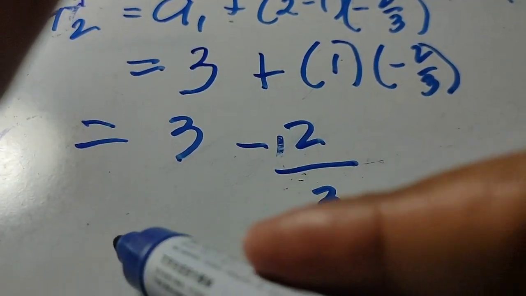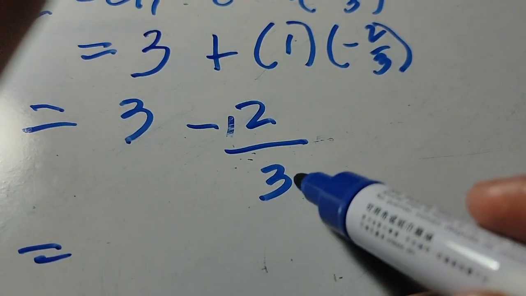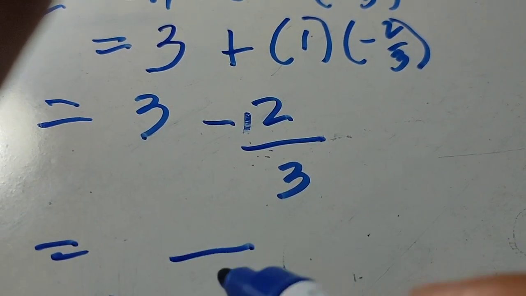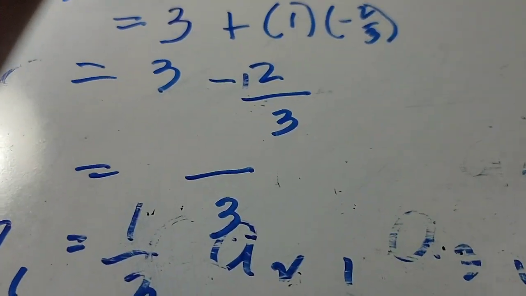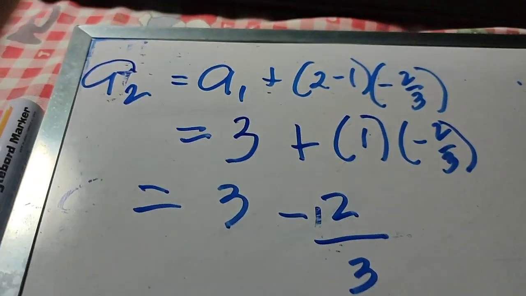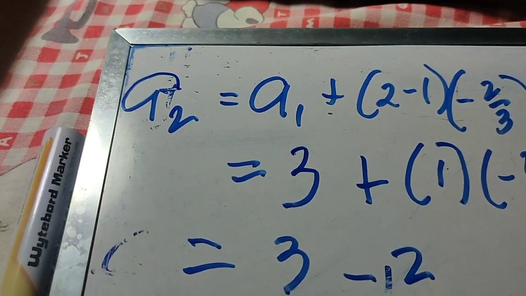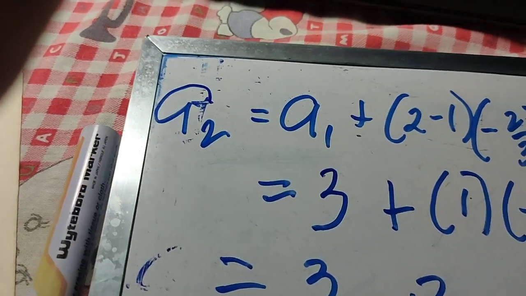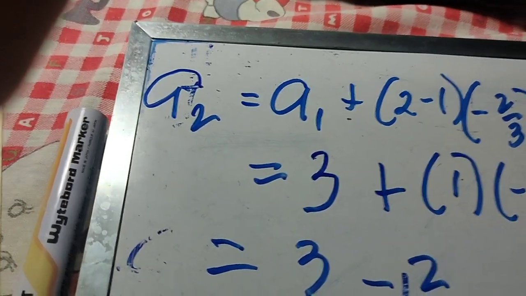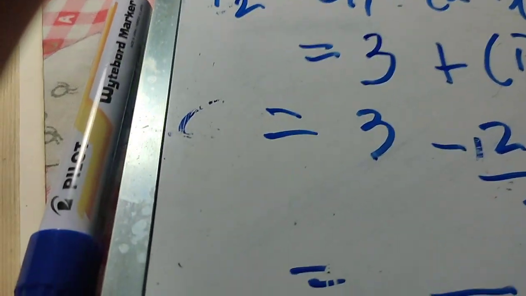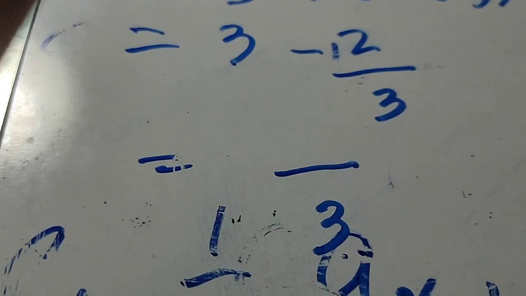So writing 3 into a fraction that is having a denominator of 3, so to make it to have a similar fraction in this case, we need to consider our multiplication skills or division skills.